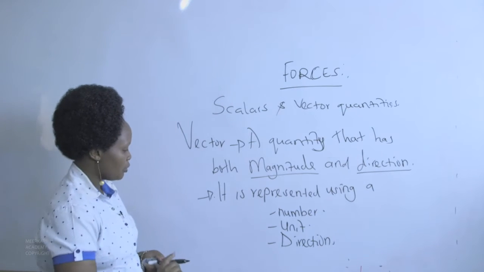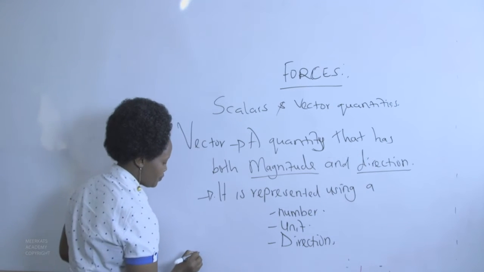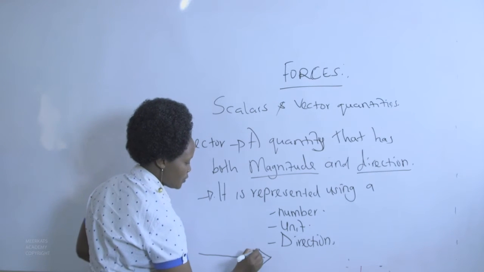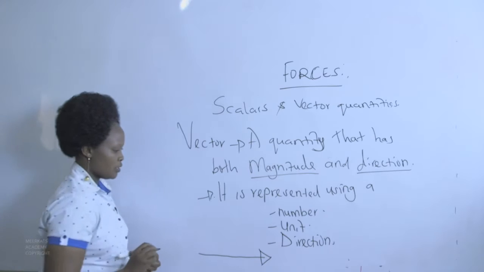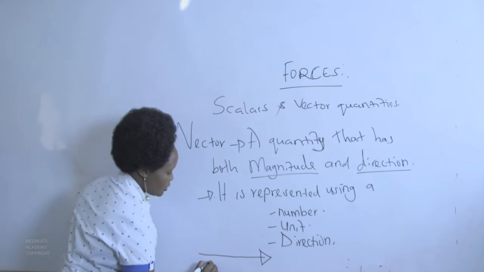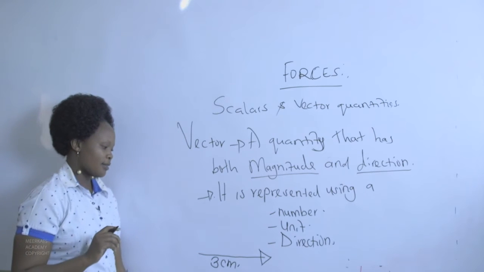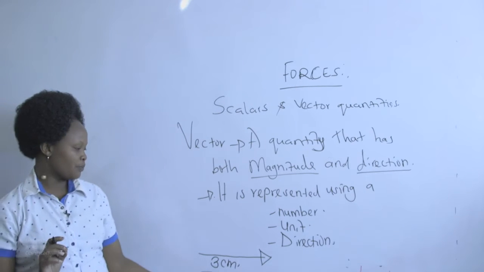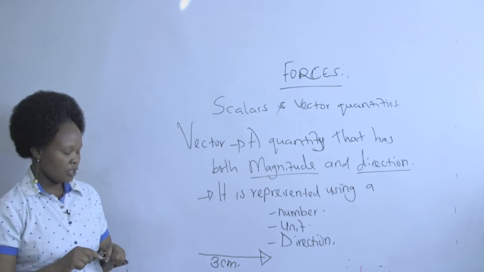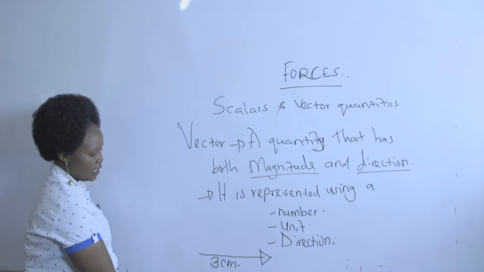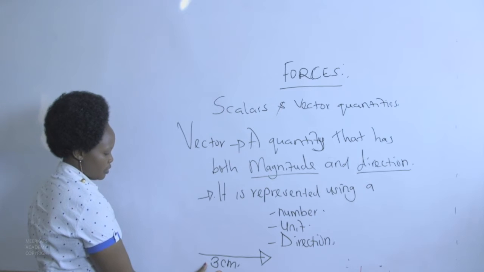Take, for example, this line here. Let us assume it is 3 centimeters in length. Now, clearly you can see the size is 3 centimeters.